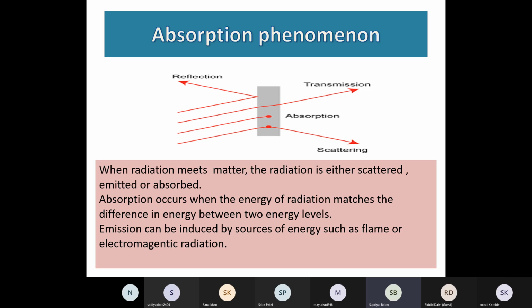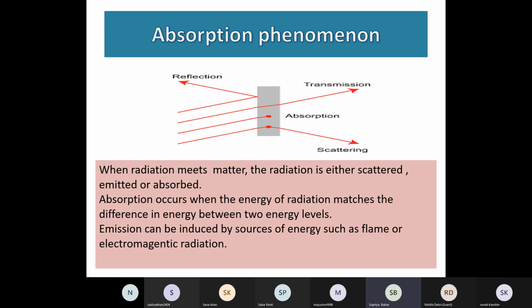Now in the molecules there are electronic levels, vibrational levels, and rotational levels. In electronic excitation, when the electron absorbs the energy, it will excite from the lower energy level to the higher energy level.